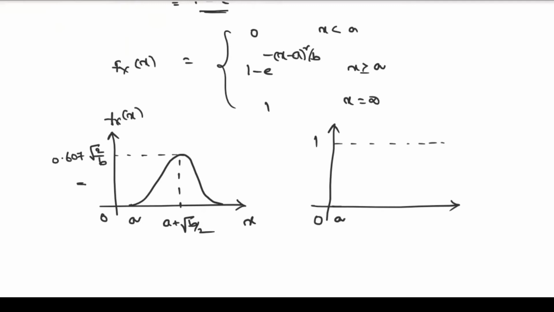So I can redraw this graph. If I'm taking this as a, from here only you can get this. And the other value is a plus root 3 by 2, and this is going to be 0.393.